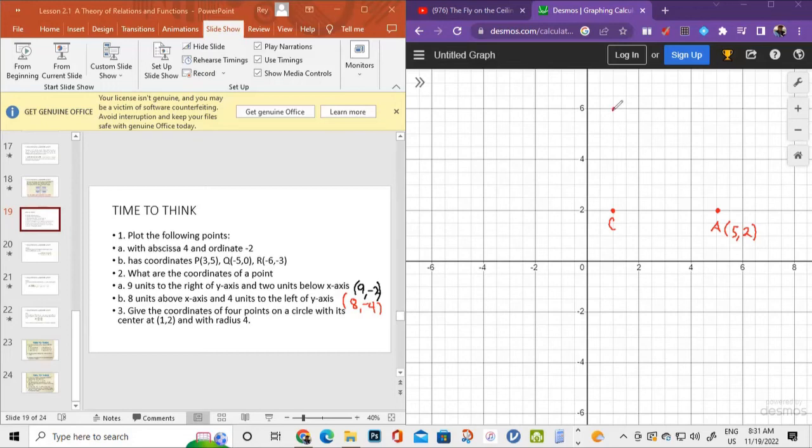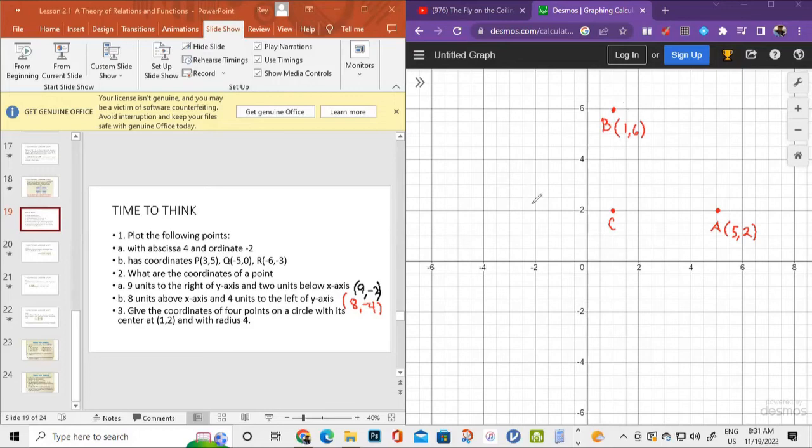So, nandito yung ating second point. Gawin natin siyang point B. At ang coordinates niya ay 1, 6. So, kailangan natin 4 points. So, meron na tayong 2 points, A, B.